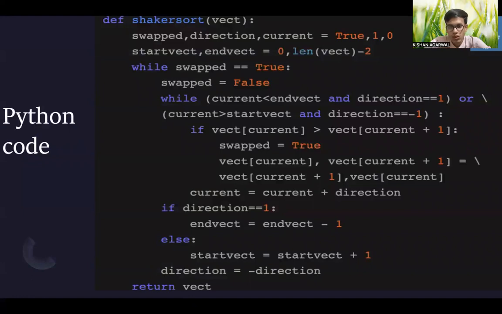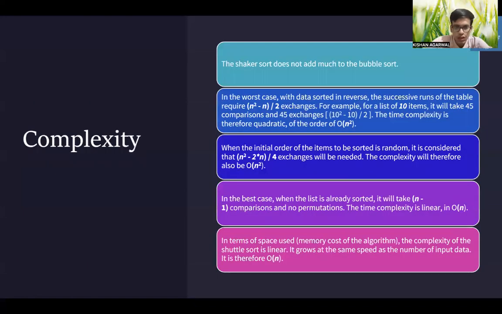So this is the Python code for the shuttle sort. We pass the unsorted array as vect, and we are using two while loops to sort the array. Let us see and understand the code complexity. This shuttle algorithm, which is also called the shaker algorithm, does not add much to the bubble sort.